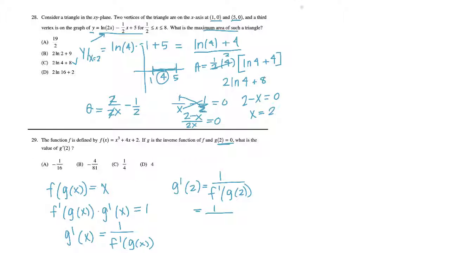G at 2 is 0. So now we need f prime at 0. We're given the function f, so let's quickly go through and find f prime. That's going to be 3x squared plus 4. And so f prime at 0 should be 4. So we end up with 1/4, which is answer choice C.